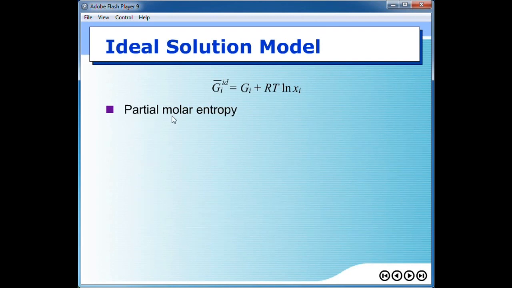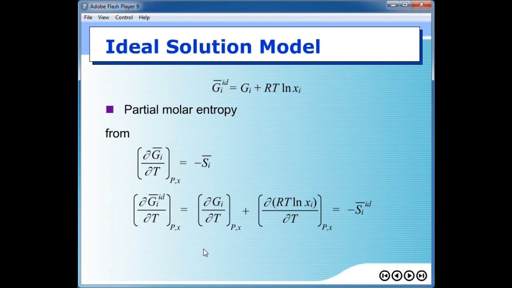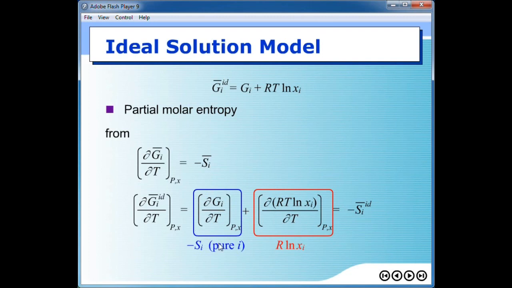Secondly, if we look into partial molar entropy, from the fundamental relation, entropy can be derived from the partial derivative of Gibbs free energy with respect to temperature at constant pressure. If we apply it for partial molar properties, we put the bar on top here and over there. Then take this equation and differentiate it with respect to temperature at constant pressure, and you get this part. The first part here is the same form as this one, just written for the pure species.